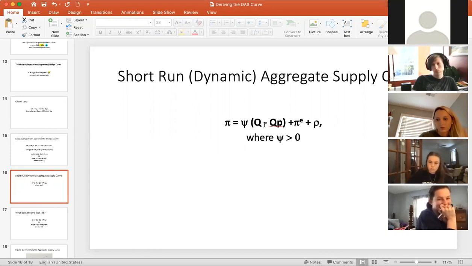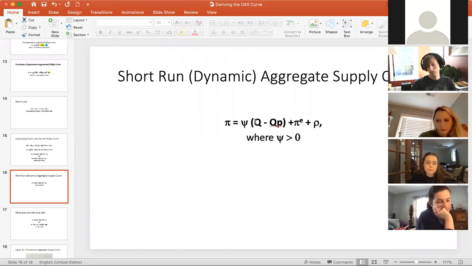Okay, now, what causes an output gap? What causes GDP to differ from potential? What causes unemployment to differ from the natural rate? Because it's the same thing. The answer is a change in aggregate demand.